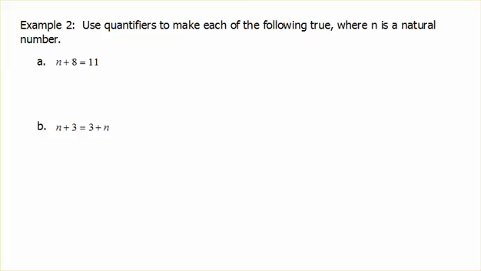Anyway, back to this. Use quantifiers to make each of the following true where n is a natural number. Now what they mean is they want us to write out a sentence that makes sense if this is a true statement. So for part A, we have n plus 8 equals 11. And we know that we could come up with a number to replace n with that would make that statement true, right?